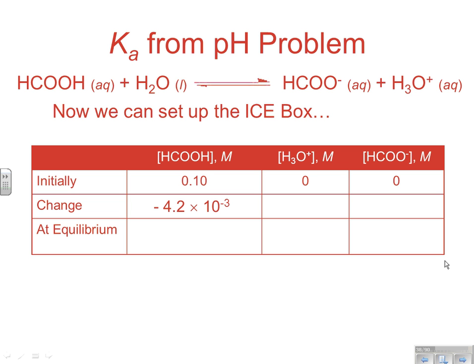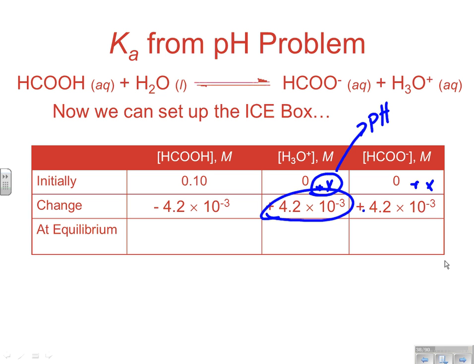And we knew that the substance was going to be going down by what these two were going up. So remember, this was really a positive X situation. This was a positive X situation. And we established that value of X from the pH. So the pH gave us that. Well, if we know this, and we know this is equal to it, and we know that has to be the negative of it, all of that really fell from our pH value.